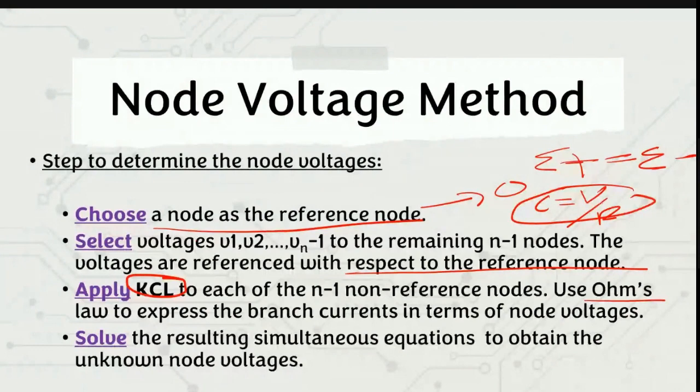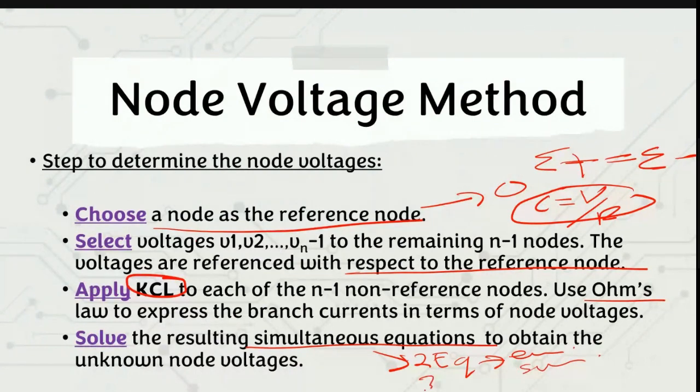Then we solve the resulting simultaneous equations to obtain the unknown node voltages. If we have two equations, we can solve them using the elimination method or the substitution method.